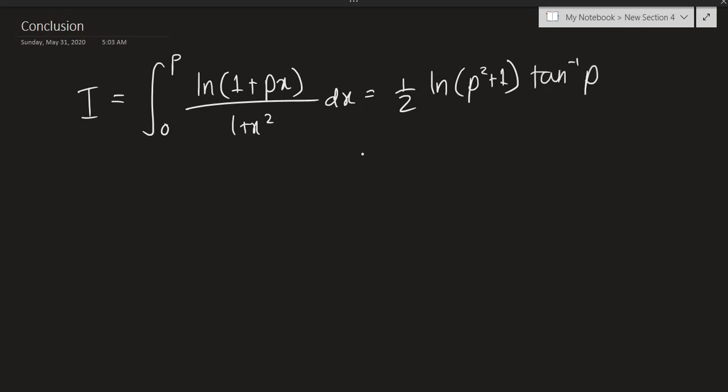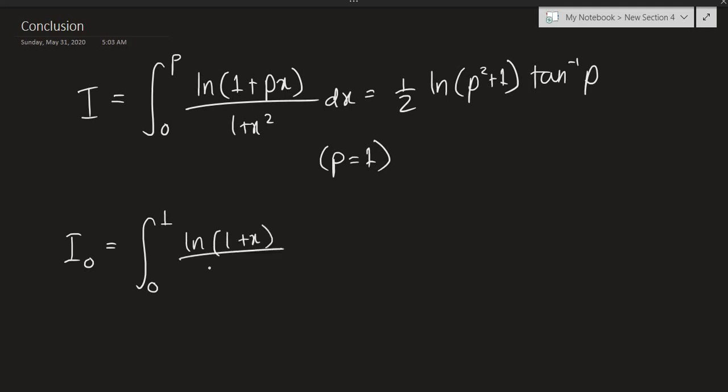And if you substitute p equals 1 into this entire thing, you obtain your I naught, or basically the integral from my previous video, the integral from 0 to 1 of the natural log of 1 plus x divided by 1 plus x squared dx.